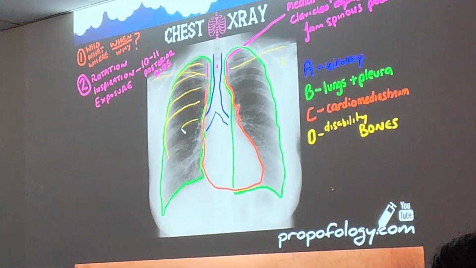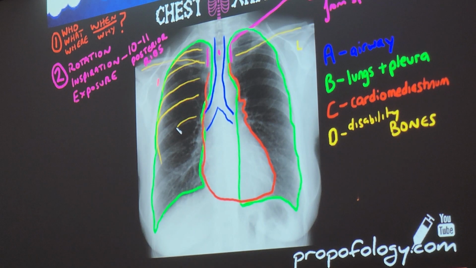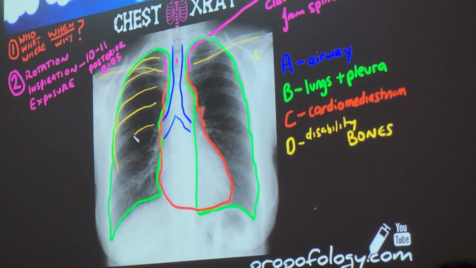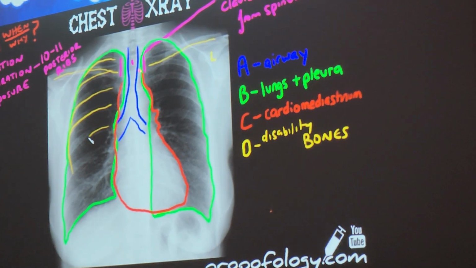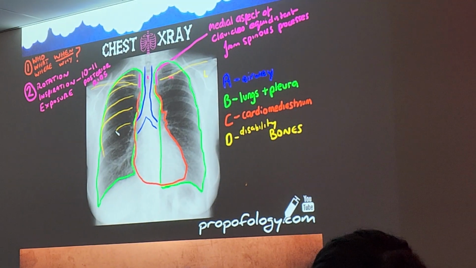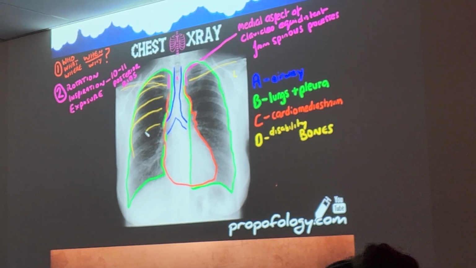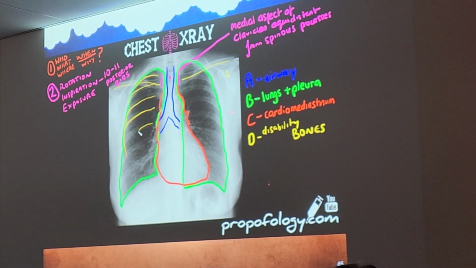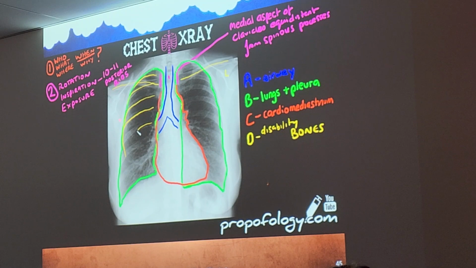Mediastinum. Yep. We have both of our lungs highlighted in green. And we have our clavicles here. And you can even see the scapula on the sides. But you don't need to worry about that just yet.